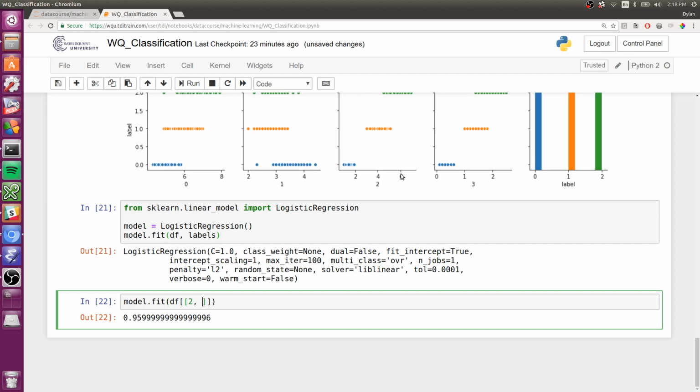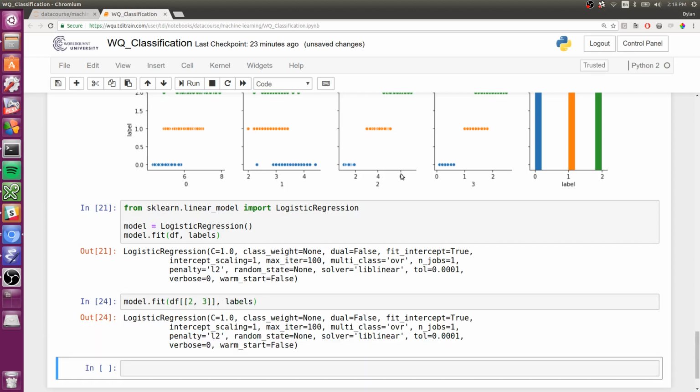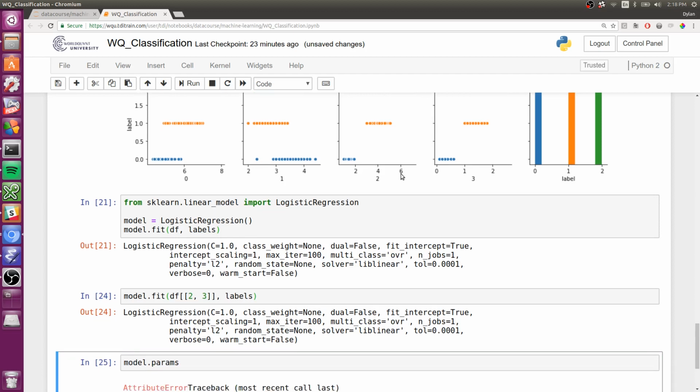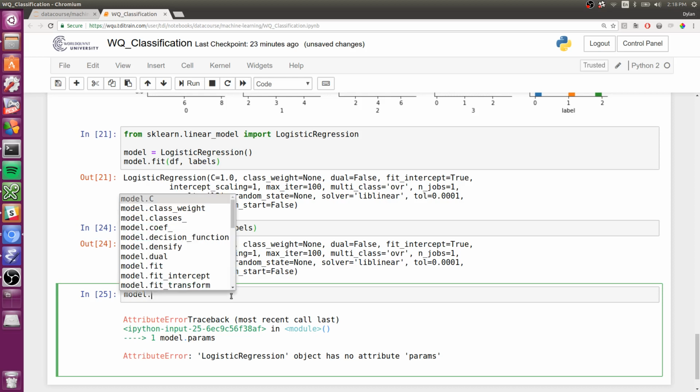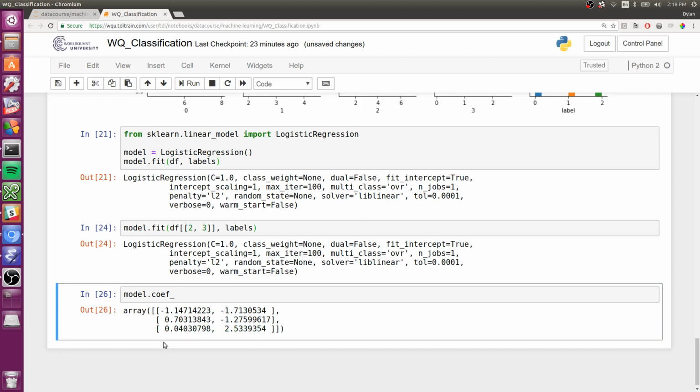So if we only look at features 2 and 3, we'll look at the coefficients.